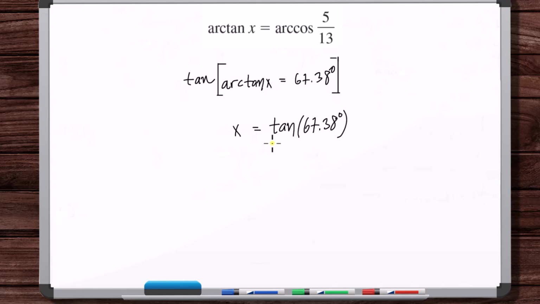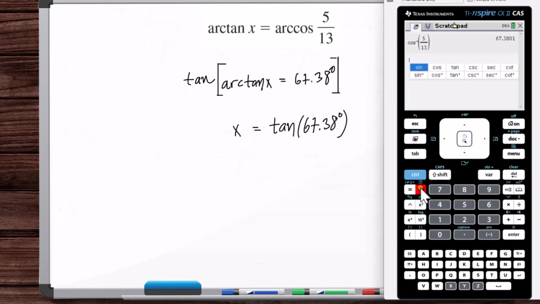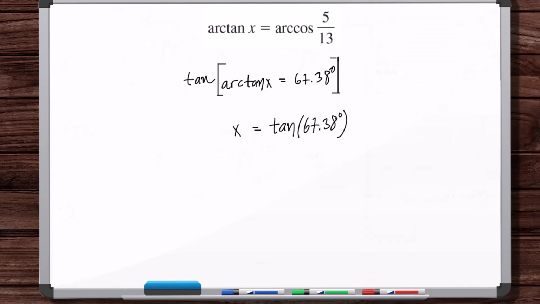They just are what they are. Anytime you evaluate a trig function of an angle, there's only one value every time. So we just take the tangent of this, 2.4, and that's it.